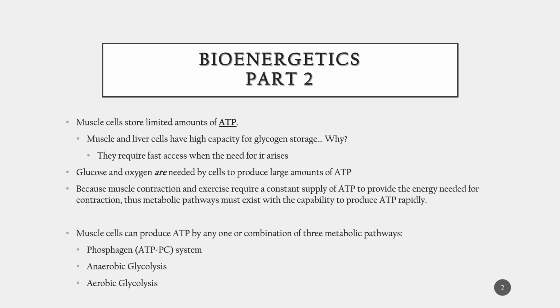Anaerobic glycolysis and aerobic glycolysis, that's where we're starting to produce more ATP together. So how do muscle cells store energy? If we go back to the top of this slide, how do muscle cells store that actual energy? In the form of an ATP molecule itself, simply put.